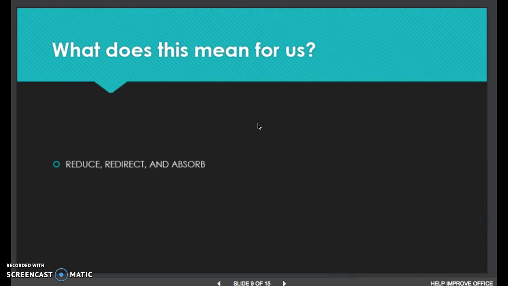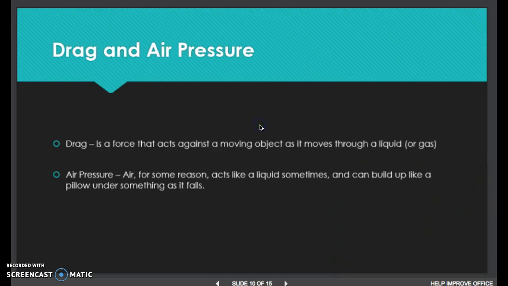If the egg doesn't absorb that force, it cannot crack the egg. If you have things around your container that will absorb some of that force, take it away from the egg, that will also help it out. Think in that way: reduce the force, redirect the force, and absorb the force.